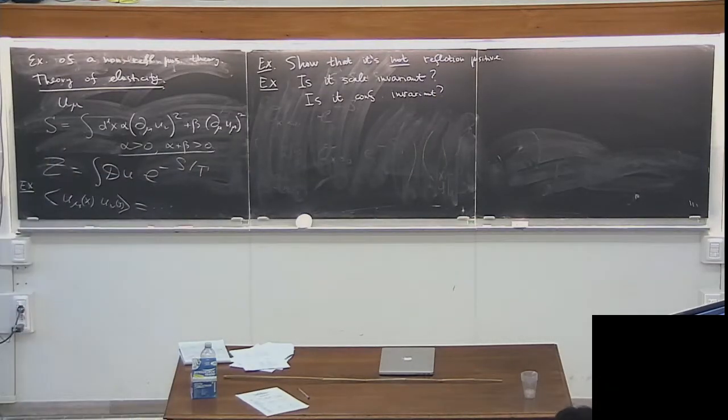Actually, anticipating, you will discover that it's not conformally invariant. So this theory of elasticity gives an explicit physically relevant example of a theory which has scale invariance but not conformal invariance.